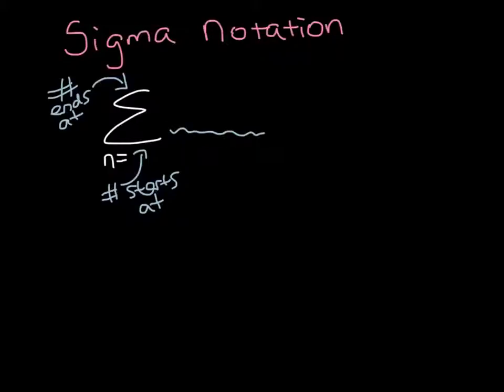And then beside the sigma, you have the function of n that you want to be plugging in and summing. And so in this case, our function of n is going to be g of n for a geometric series.